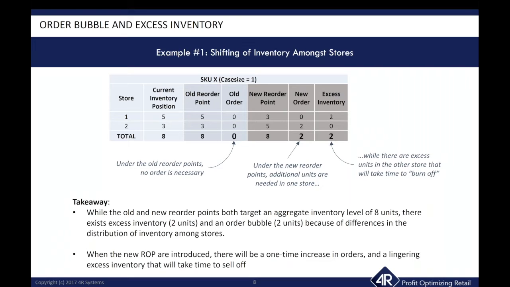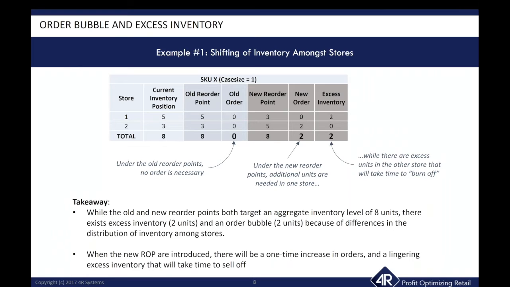As a result, there is now an order of 2 units in store 2 when previously there were no orders in store 2. And due to the decrease in reorder point in store 1, there is now an excess of 2 units in store 1.